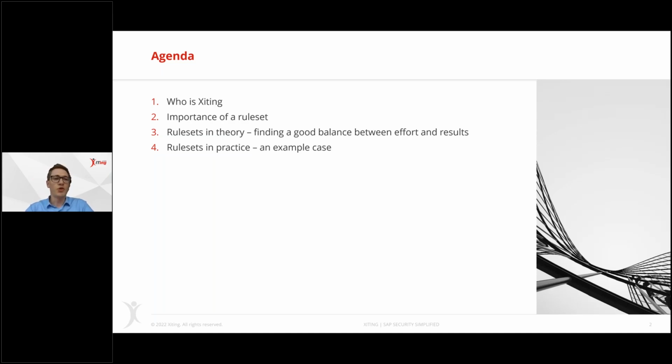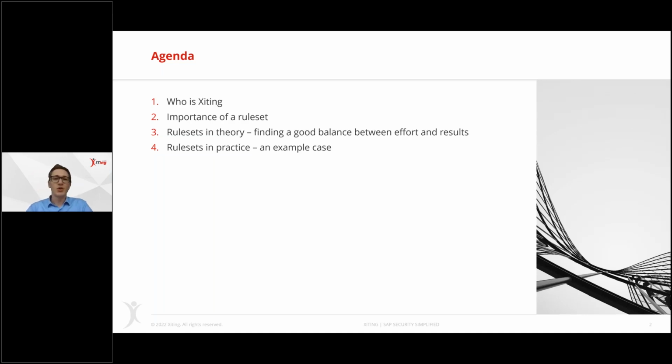Right. Third, we discuss rule sets in theory, so finding a good balance between effort and results. This is always the key question. When we talk to our clients, one of the first questions, or basically a sort of prerequisite, is that they don't have to spend much time on building a rule set and implementing it. So of course they give it rather in our hands.